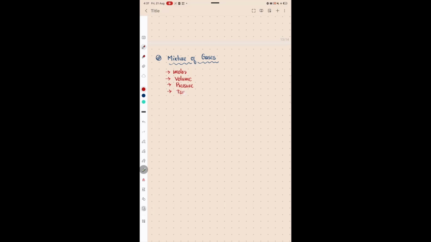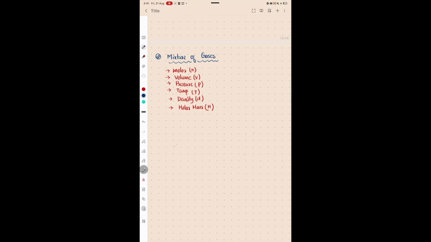Then temperature, which we have already discussed, then density, then molar mass, that is M. Now we can categorize these properties into two types. One is additive properties, another is non-additive properties.